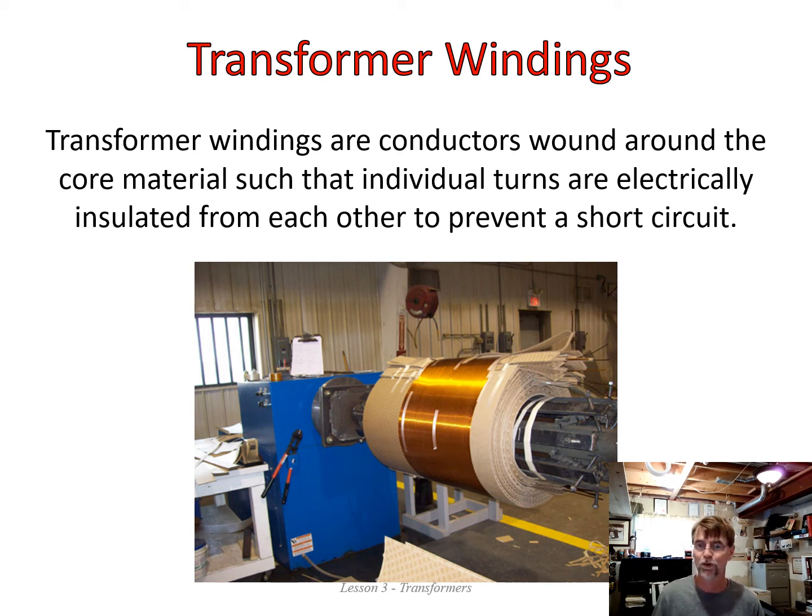So here's a really important point. When you look at a transformer, oftentimes the insulation on the transformer windings is a clear silicone, and it's very thin and you almost can't see it. And it looks like just bare copper wire. Well, it can't be, because then you would simply have a short circuit.